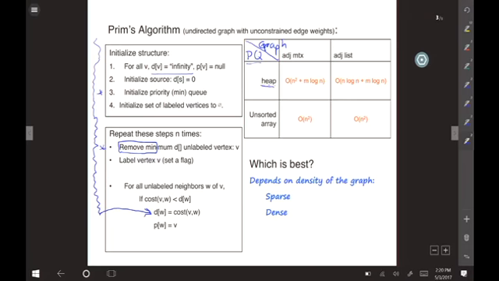That's right. We're never going to do this, because if n squared ends up being the dominant term, we can do at least as well with one of these two options. If m log n is the dominant term, then we can do at least as well with this option. So we never need to consider the heap together with adjacency matrix. We can always do at least as well.